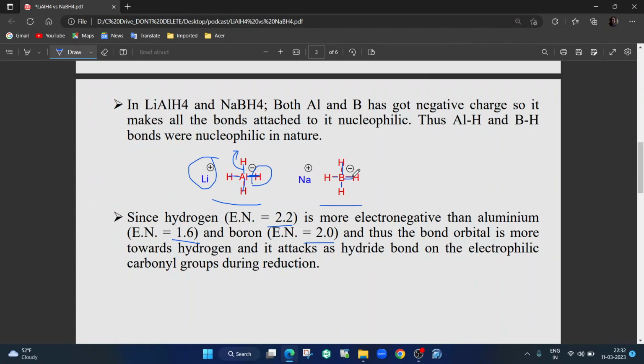Similarly, here the sigma bond is closer towards hydrogen, and therefore when they attack, it will be the H minus which is attacking. Sigma bonds are rarely nucleophilic, but here they are because boron has a negative charge, aluminum has a negative charge, and most importantly there is an electronegativity difference between aluminum and hydrogen or boron and hydrogen, right?